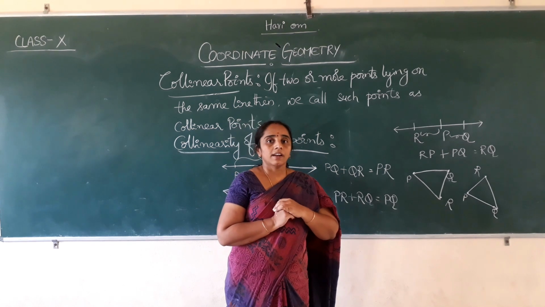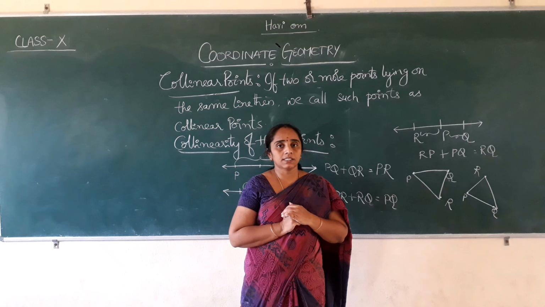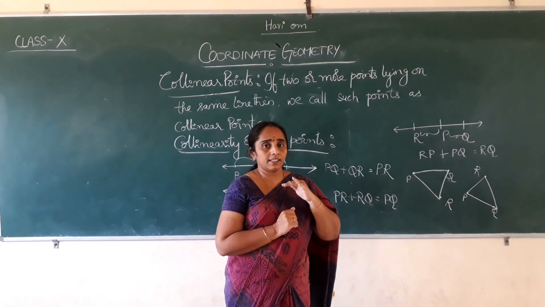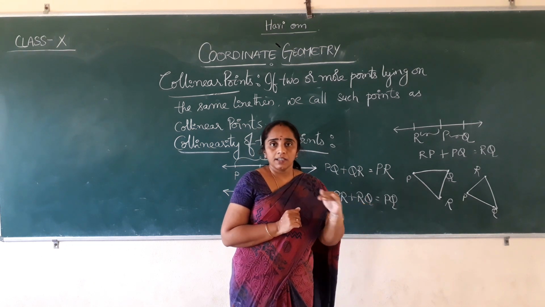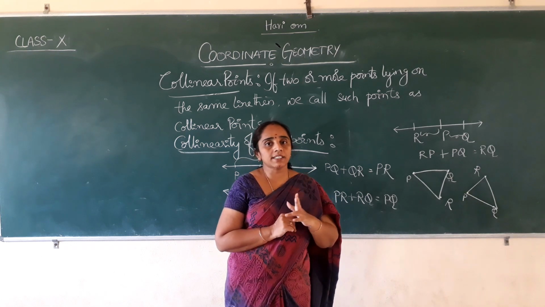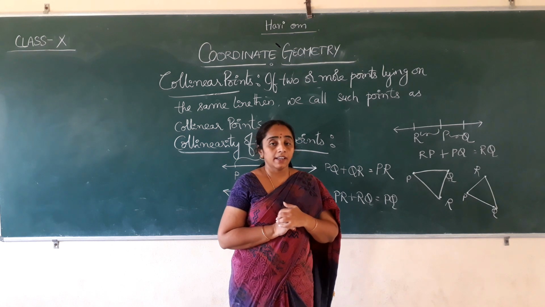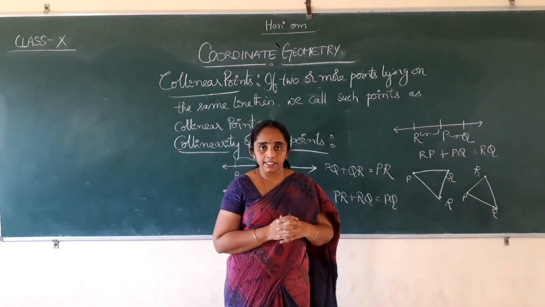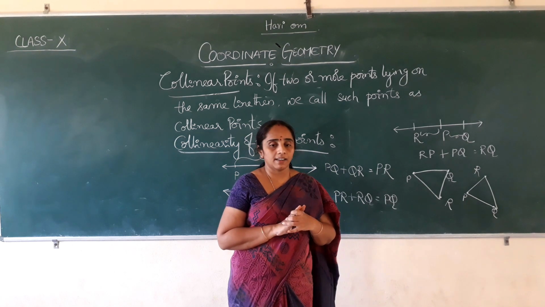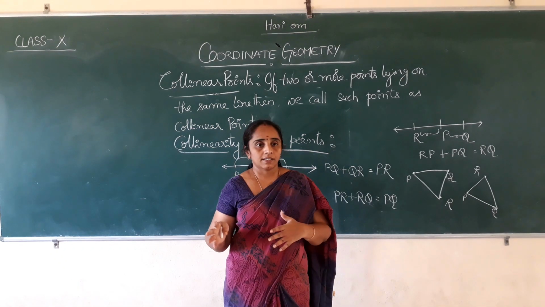First one is the equilateral triangle: if all three sides are equal in length, then it is an equilateral triangle. If any two sides are equal, then we call it an isosceles triangle. If no two sides are equal, then it is a scalene triangle. So from this we can decide.